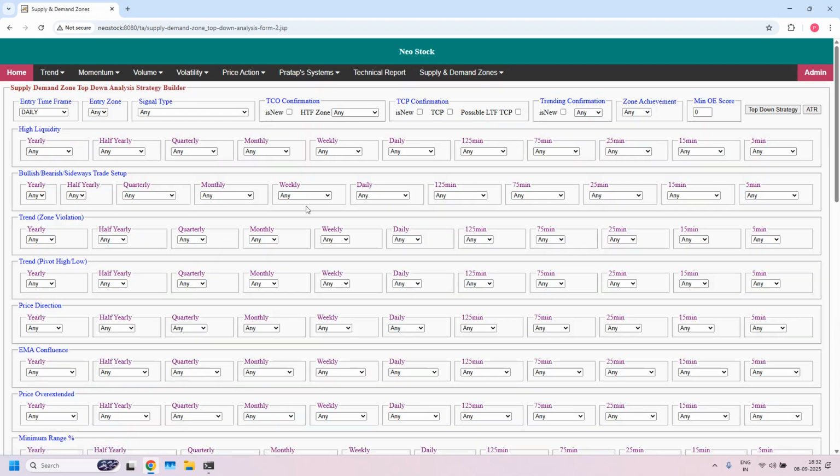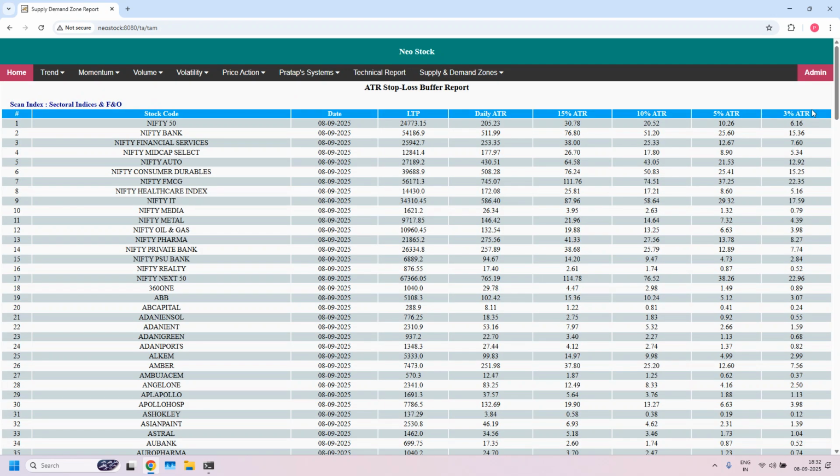Final report, let us generate stop buffers based on daily ATR. First 17 in this list are indices, remaining all are equity stocks. So I am scrolling the list down. Whichever the stock you want to refer, pause the video, study. After that you can proceed further.